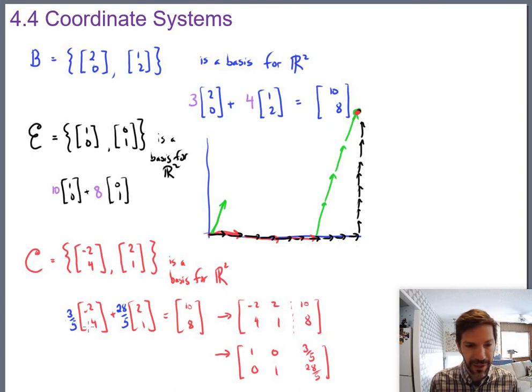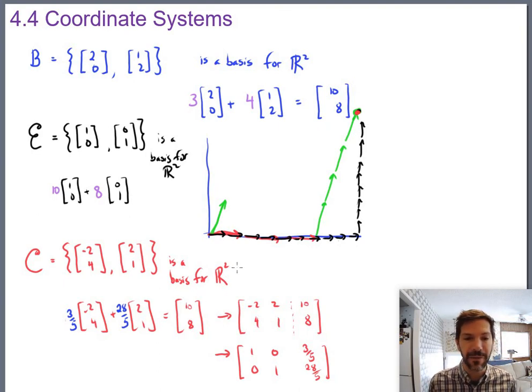And we can just check and make sure that works out. 3/5 times -2 is -6/5 plus 56/5 is 50/5, which is 10. And on the bottom, 4 times 3/5 is 12/5 plus 28/5, which is 40/5, which is 8. Okay, good. It works.